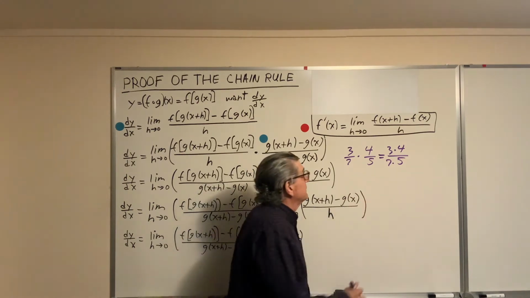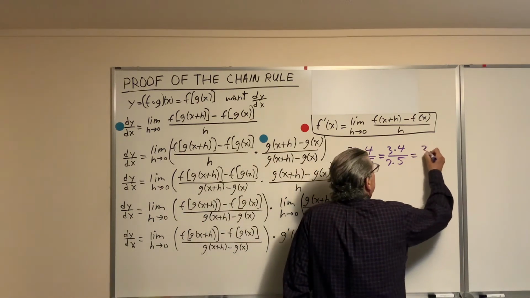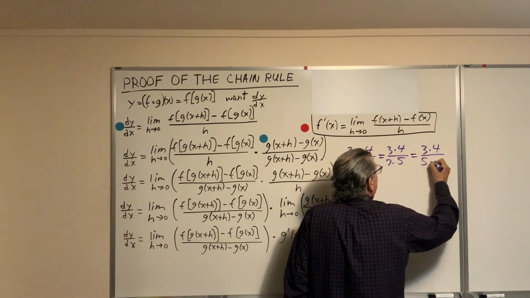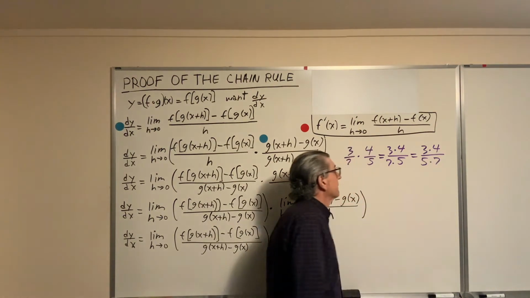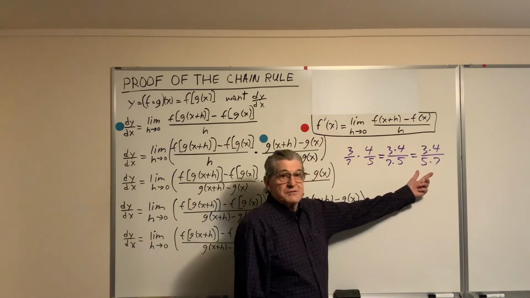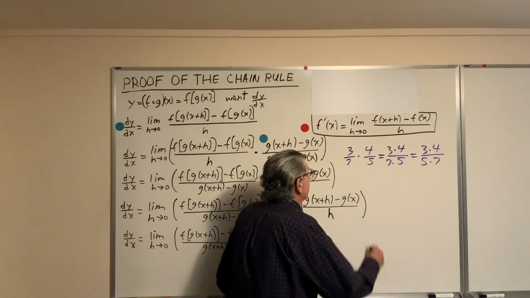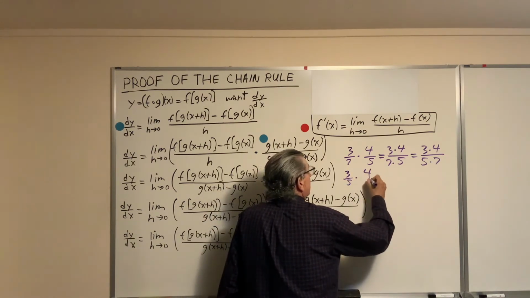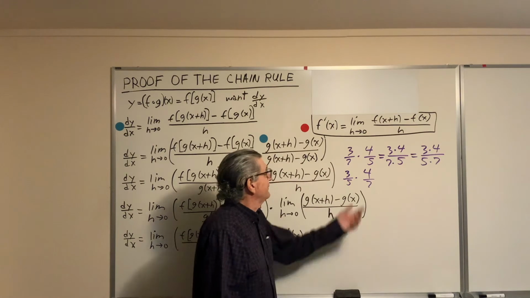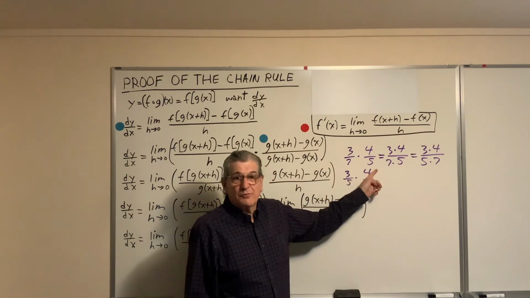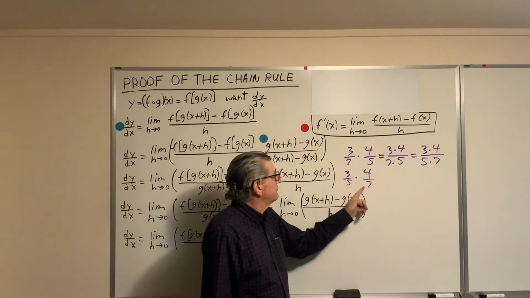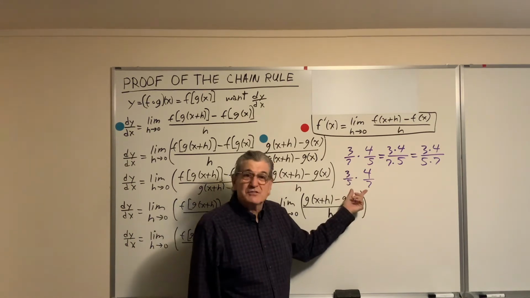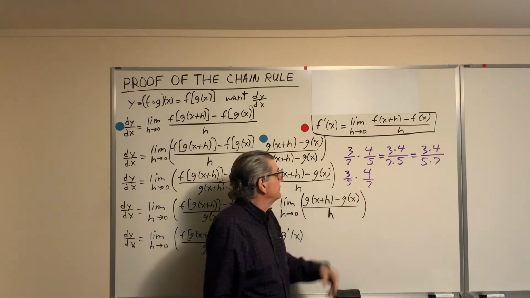So I can switch these if I want and say this is 3 times 4 all over 5 times 7. Okay, so I can split that back into fractions and say this is 3/5 times 4/7. It's kind of interesting: 3/7 times 4/5 is the same as 3/5 times 4/7. So we can switch these denominators and it doesn't change anything.